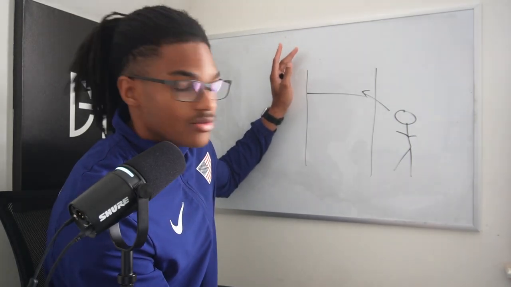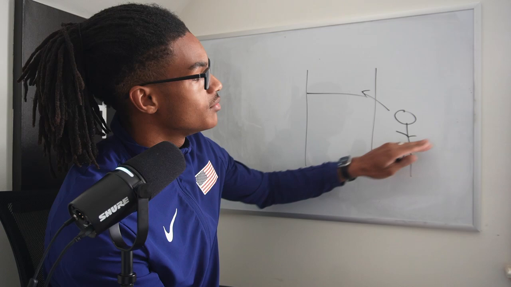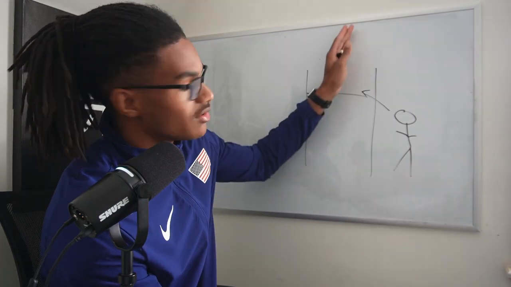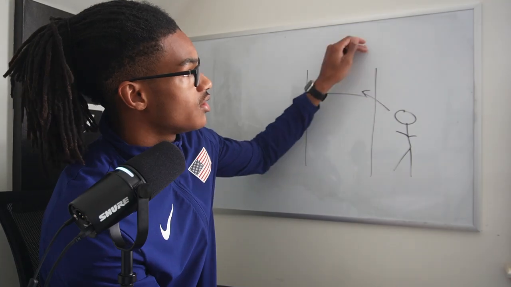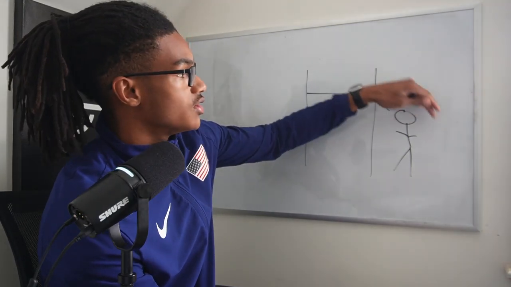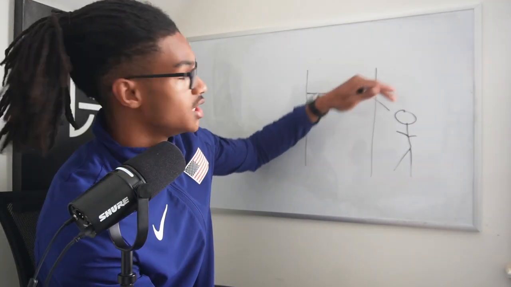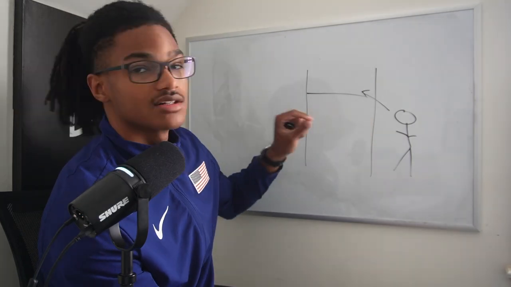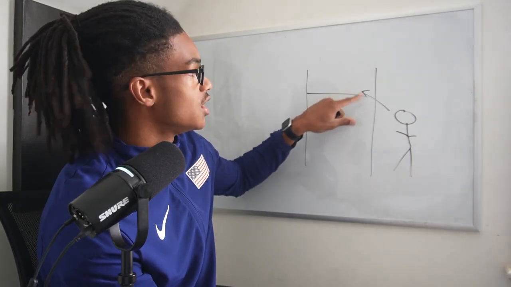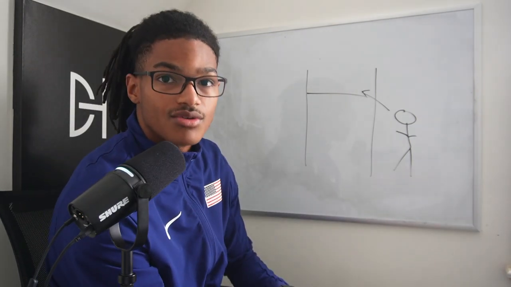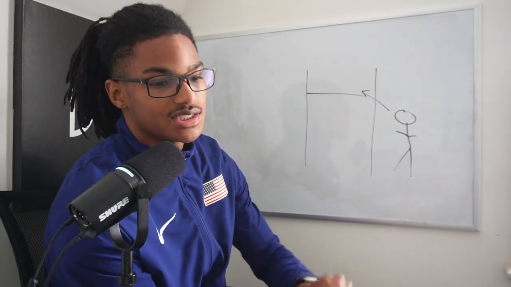And the way that you run your curve, or your entire approach, is going to directly play into how high you're going to jump, what direction you're going to jump, where you're going to go when you leave the ground. All of that plays into each other.